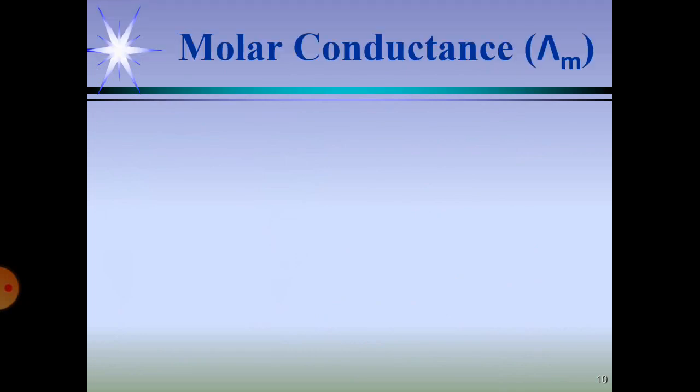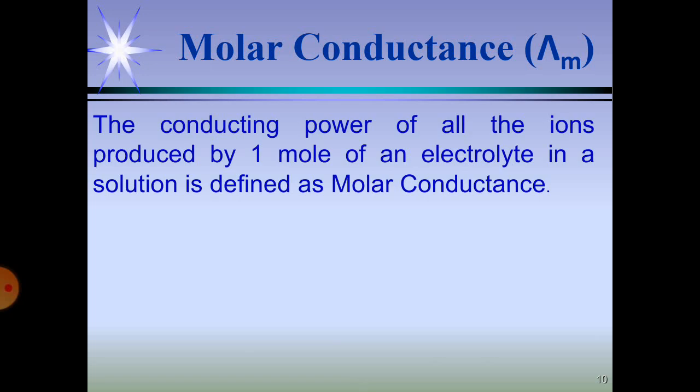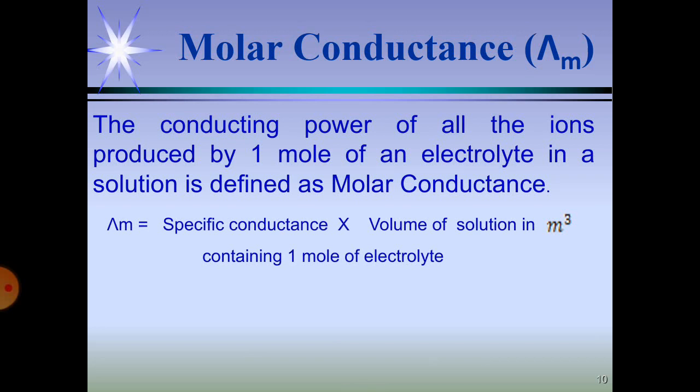Then, we have to see what is meant by the molar conductance lambda m. Molar conductance lambda m is defined as the conducting power of all the ions produced by 1 mole of the electrolyte in a solution, and we can get the value of molar conductance by multiplying the specific conductance with the volume of solution in meter cube containing 1 mole of the electrolyte.